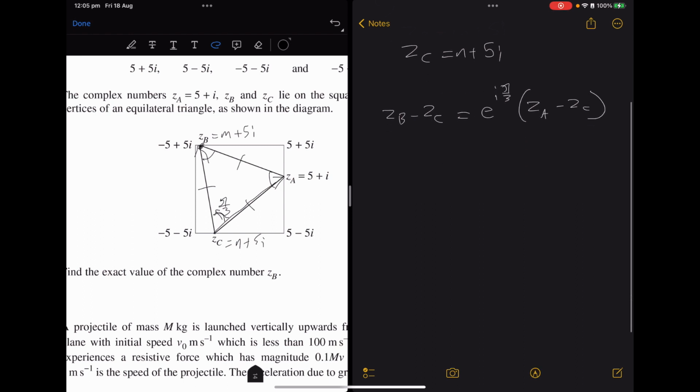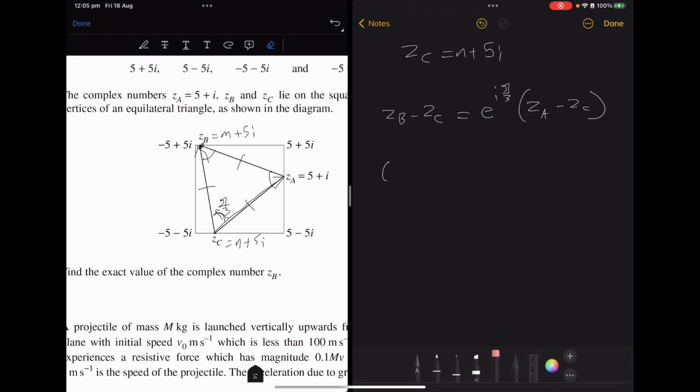Now we just rewrite both sides. ZB minus ZC is equal to, oh, I rewrote that wrong. That is meant to be minus 5i. Sorry about that.